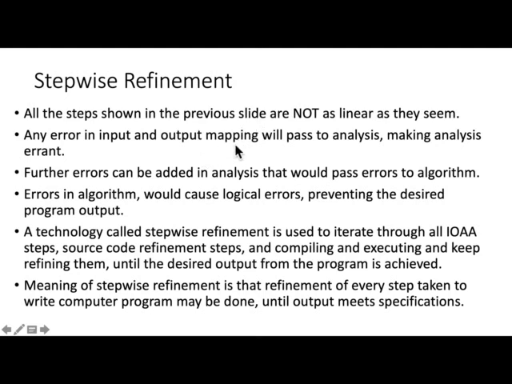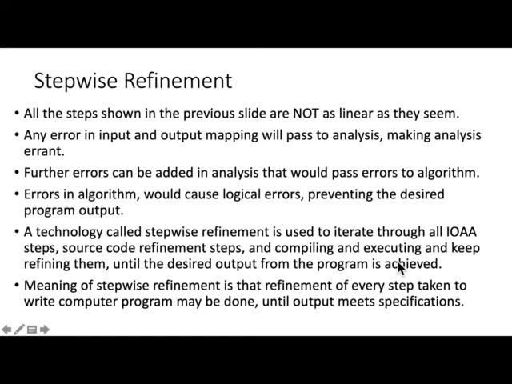Any error in input output mapping will pass to analysis, and then analysis will become errant. Further errors can be added in analysis that would pass errors to the algorithm. Errors in the algorithm would cause logical errors preventing the desired program output. There is a technique called stepwise refinement that is used to iterate through all IOA steps, source code refinement steps, compiling and executing, and keep refining them until the desired output from the program is achieved.